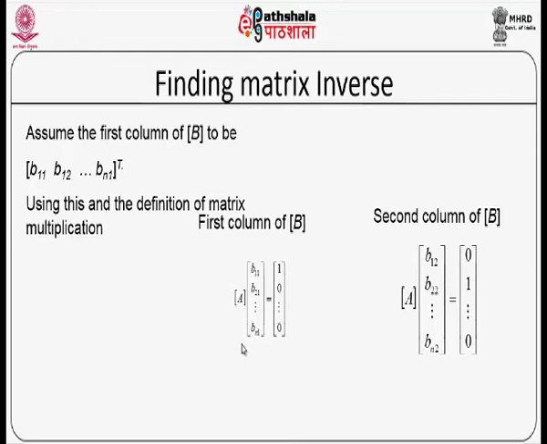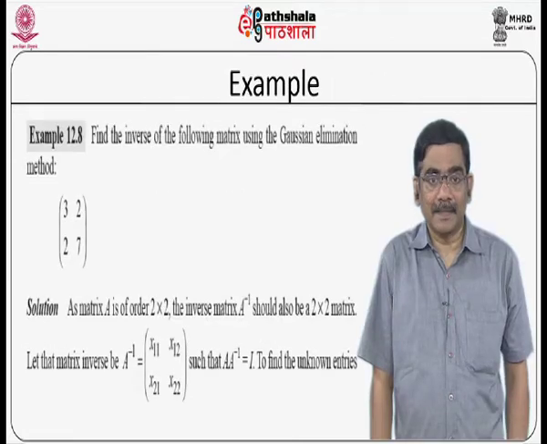So, now the logic is very simple. I have the first column of B as 1 0 0, second column as 0 1 0, and so on. These are the various columns of the identity matrix, and I can use Gaussian elimination to find the unknowns, and I can substitute that to get the inverse matrix.